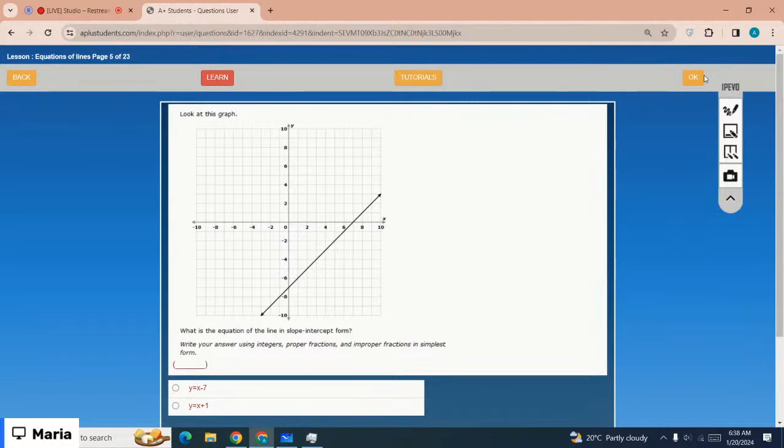The correct option is y equals x minus 7. Y equals x minus 7.